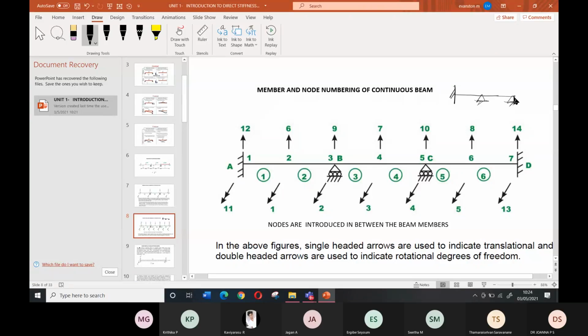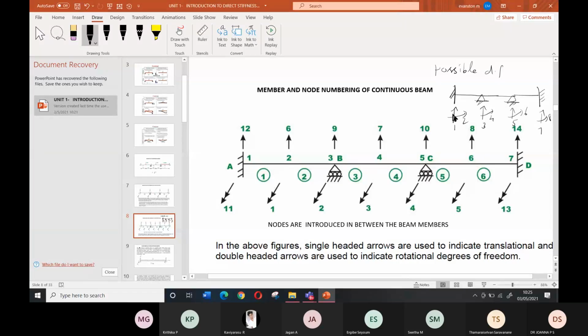You should note the difference in the words possible degree of freedom. The possible degrees of freedom are that it can rotate and it can translate in the vertical direction. So 1, 2, 3, 4, 5, 6, 7 and 8. It will have the degrees of freedom of vertical translation and rotation.